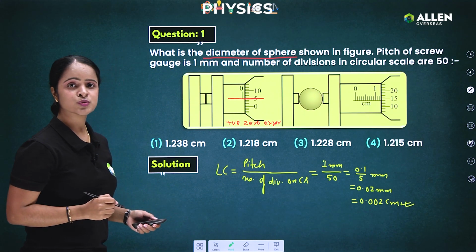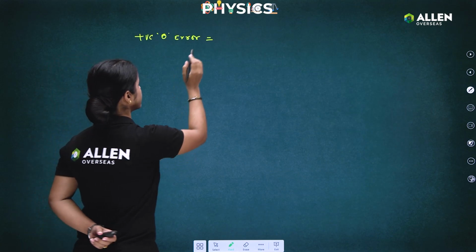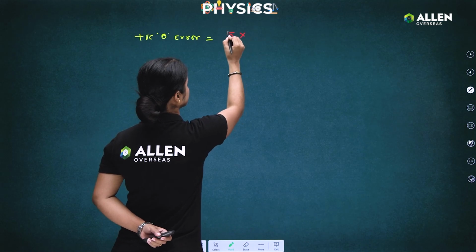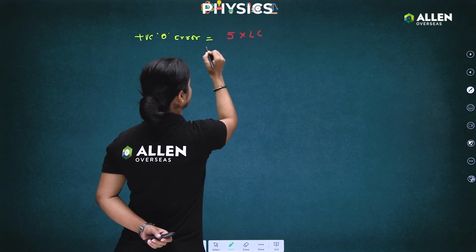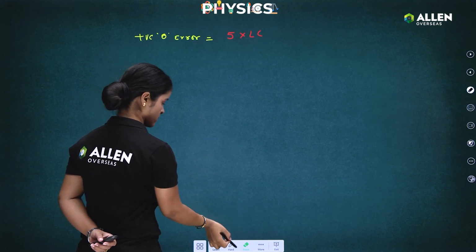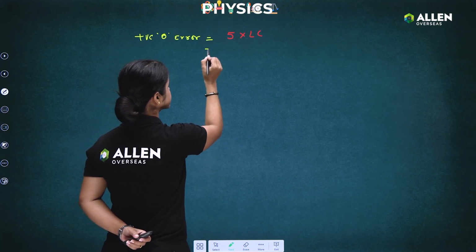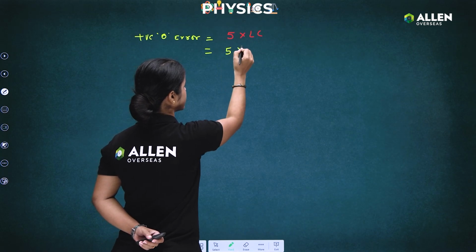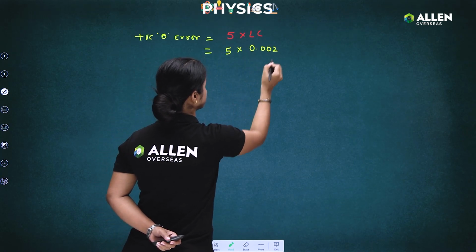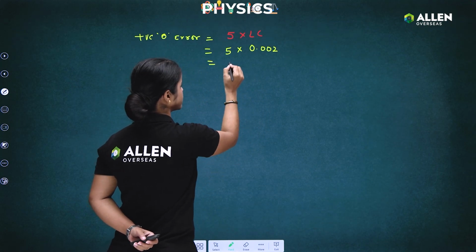Therefore, positive zero error will be equal to 5 into least count. And what is the value that we have calculated for least count? Here 5 will remain as it is, and here I will write 0.002. After solving this part, what are you going to write?